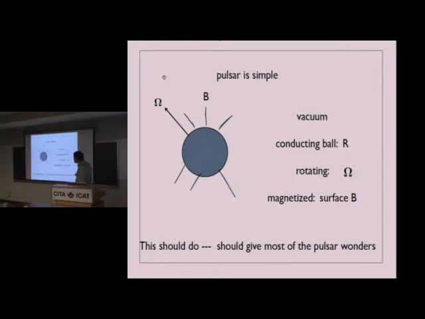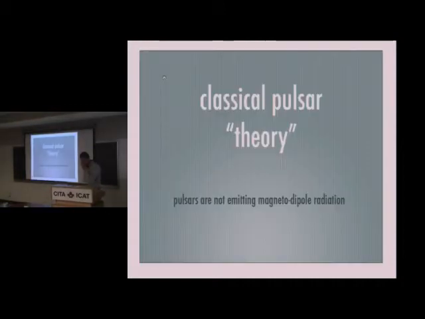The heart of the problem is that it is quite possible that surface physics is not that important here, and that in fact just spinning, magnetized, conducting balls are doing all, or most, of what we see in pulsars. So there is hope that some form of pulsar theory is possible.